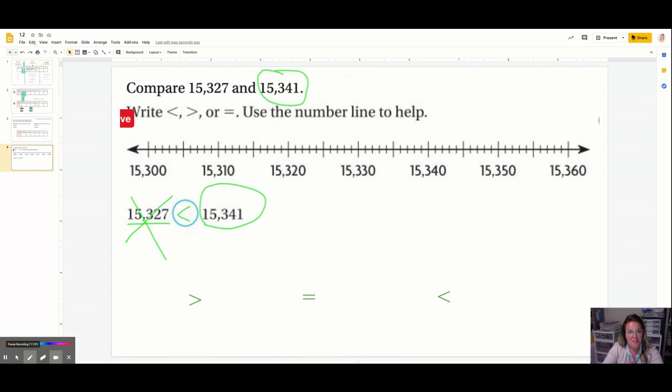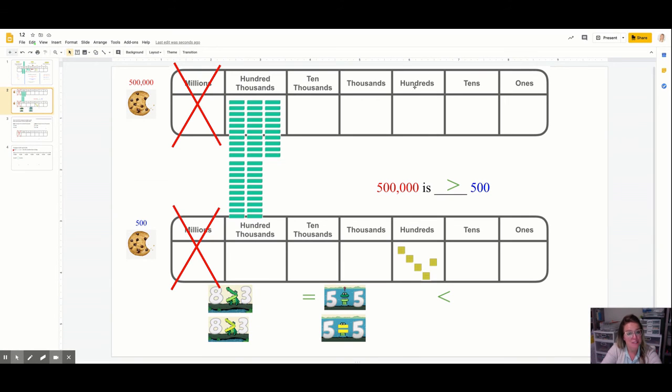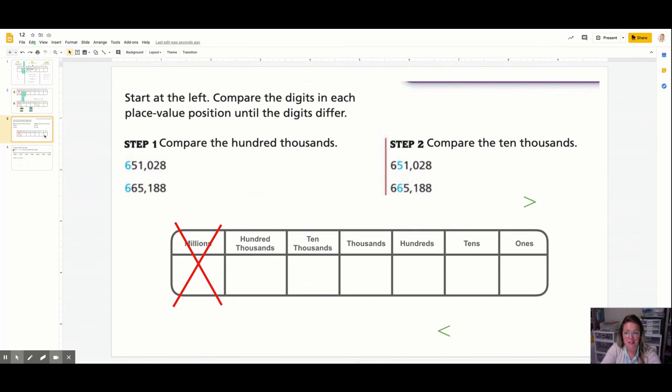You are now going to try this skill on your own, and you can use one of the 3 strategies in order to solve which number is greater than or less than, or maybe they are equal. Do not forget that you can start with your place value chart by drawing that out and visually seeing it. You can also use our steps where we move from left to right, where we start with the greatest place value and then we check the second place value.